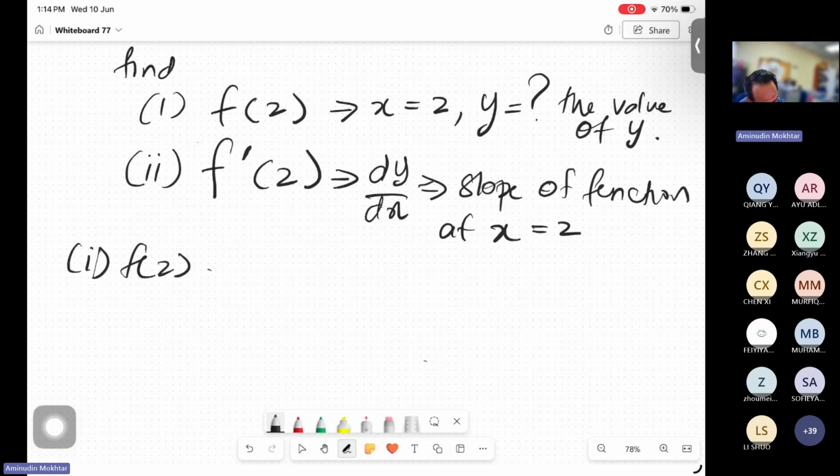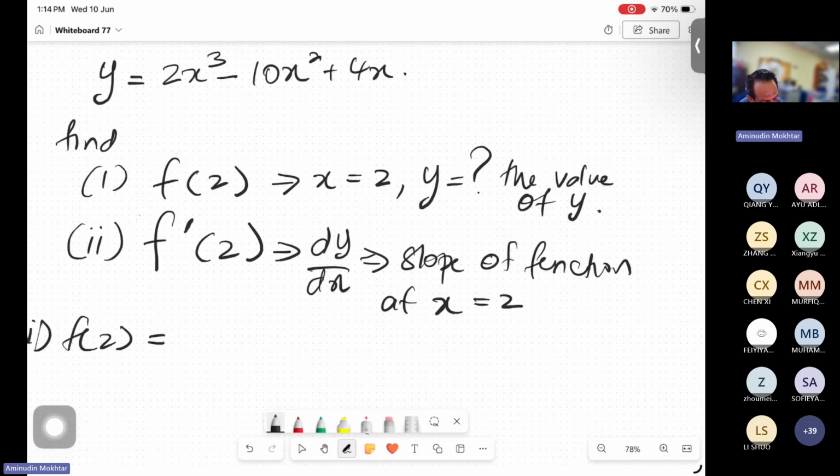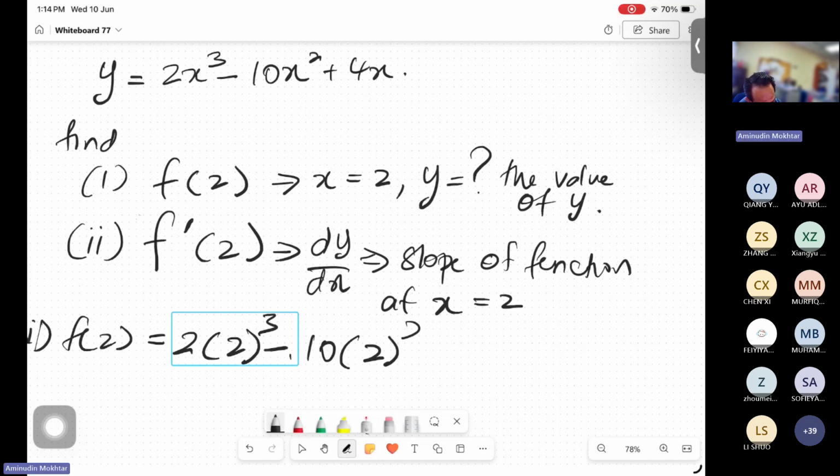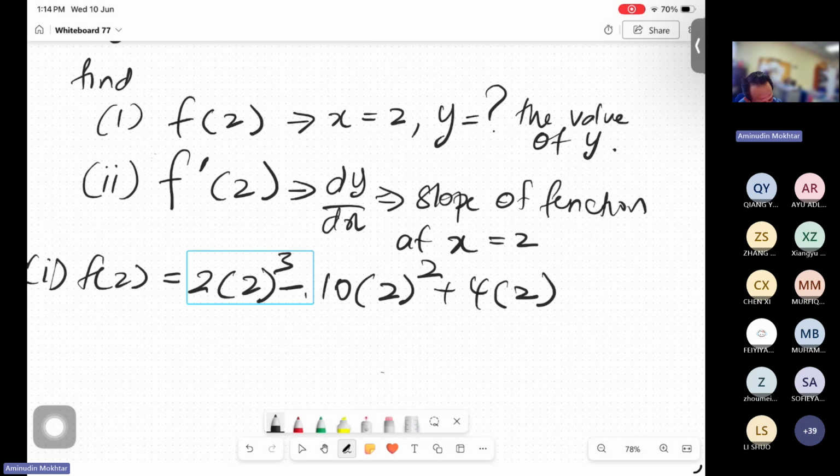We just substitute x equal to 2 into the equation. This equals 2 times 2 to the power of 3 minus 10 times 2 to the power of 2 plus 4 times 2 plus 8, which is 2 times 8 minus 10 times 4 minus 10 plus 8.